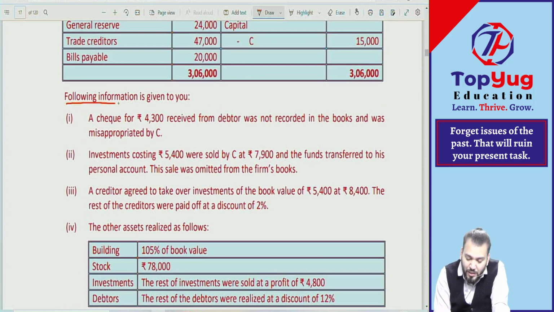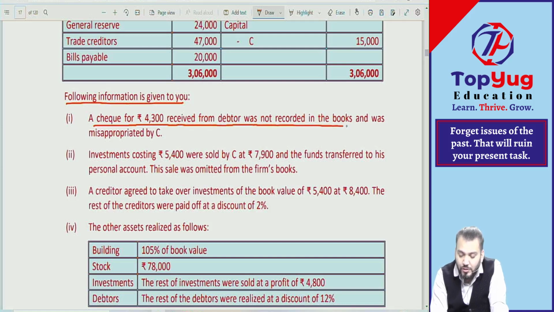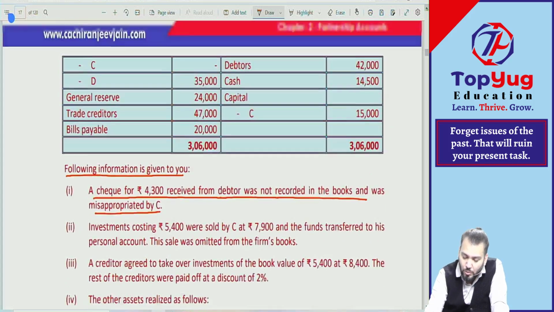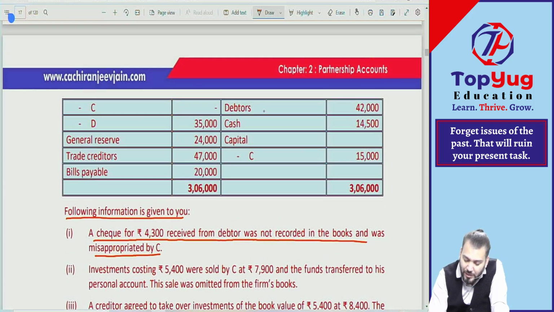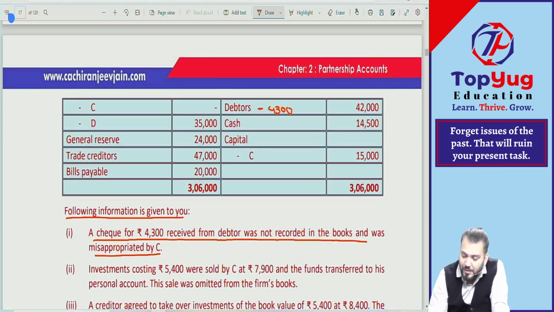Then the following information is given to you. A cheque for rupees 4,300 received from a debtor was not recorded in the books and was misappropriated by C. It is as simple as a debtor taken over by C. Means out of the total debtors, 4,300 is taken by C.